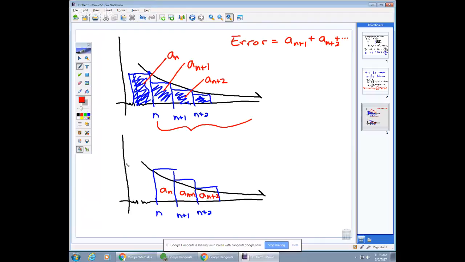How does the integral compare? Well, since the rectangle starts with this one right here, then I'm just going to basically draw a line. And if I want to compare f of x, right, f of x is this black curve, then my error as a sum would be comparable to the integral from n to infinity of f of x dx.